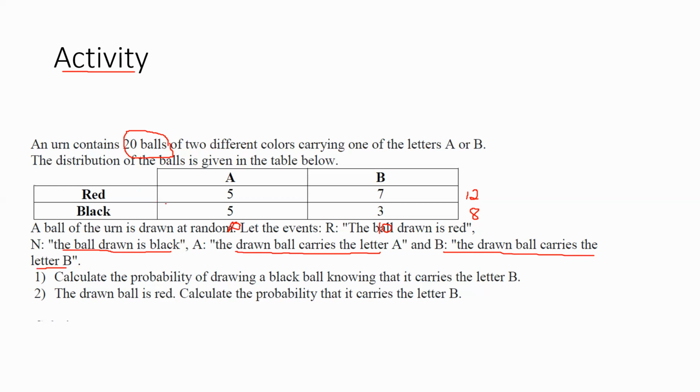So we draw a ball from this urn. Calculate the probability of drawing a black ball knowing that it carries the letter B. How to write it?